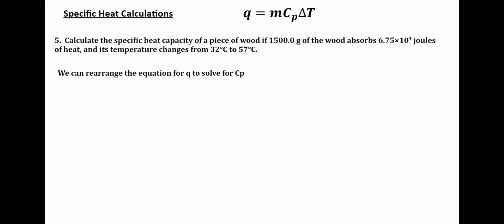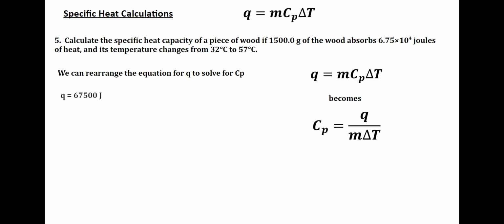We can rearrange our equation for Q to solve for C sub P. So Q equals mCp delta T, and that becomes C sub P is equal to Q divided by m delta T. There I've written Q in standard notation, so 6.75 times 10 to the 4 joules equals the same thing as 67,500 joules.